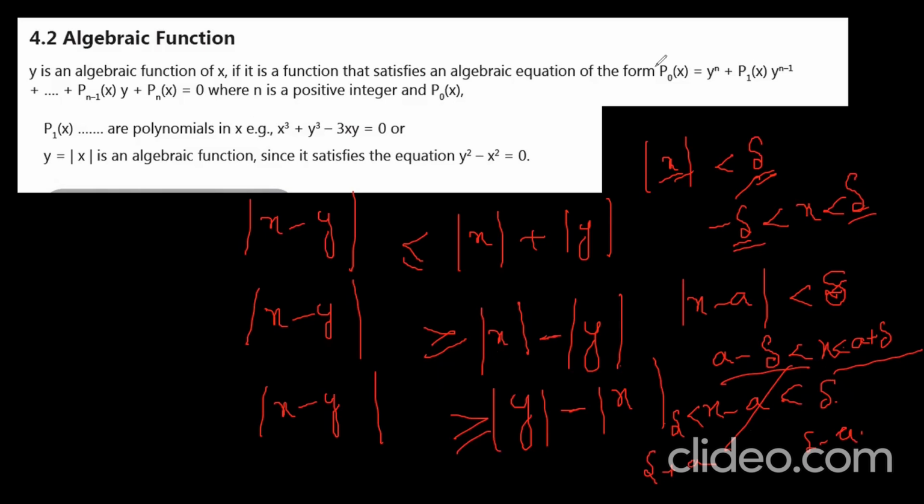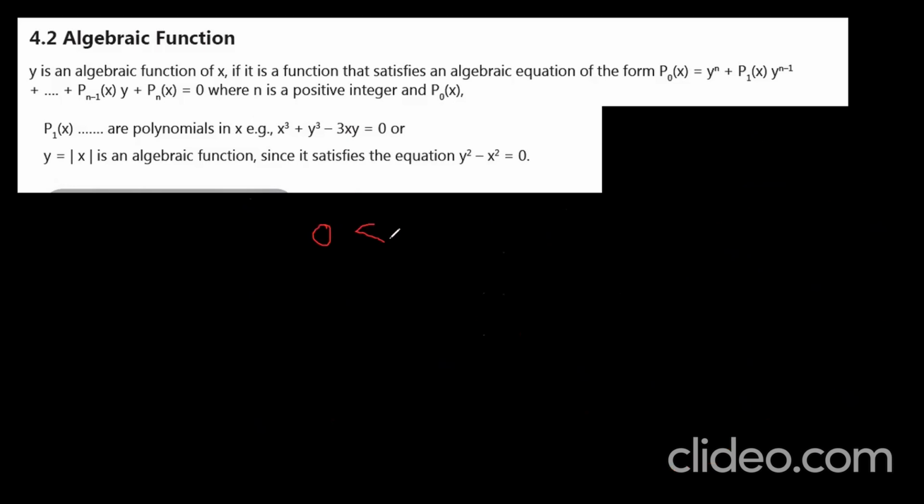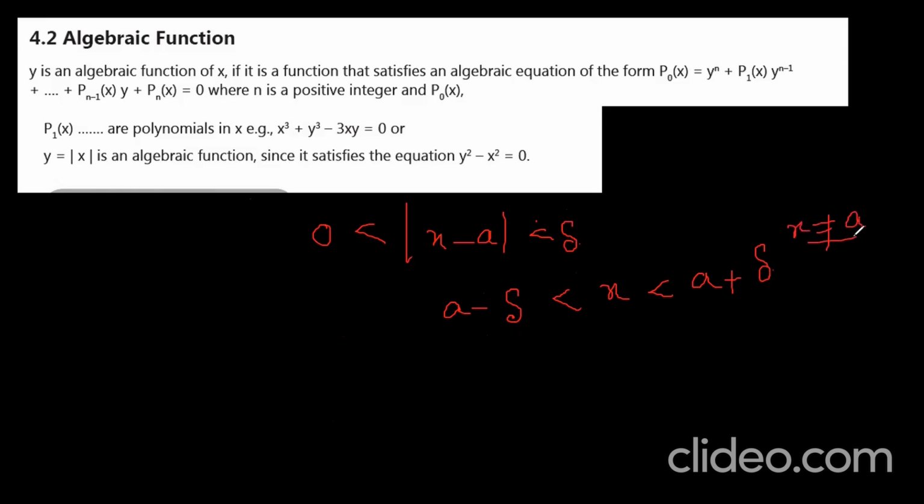Got it. Next, 0 less than mod x minus a less than delta. The meaning is a minus delta less than x less than a plus delta, but x should not be equal to a.